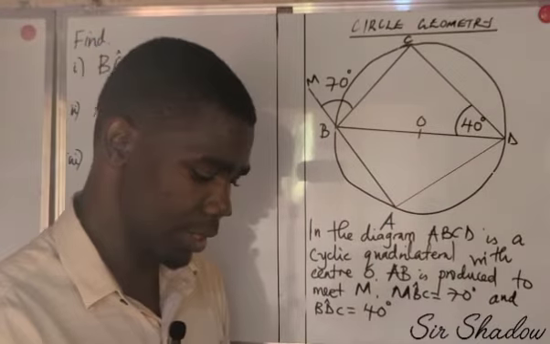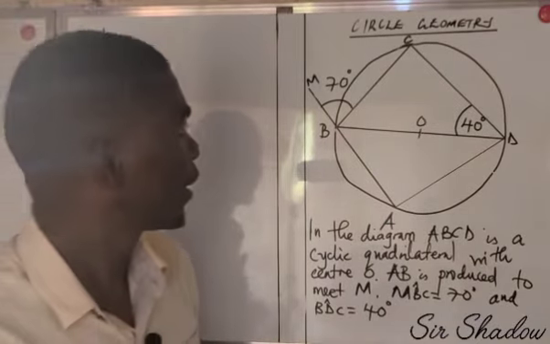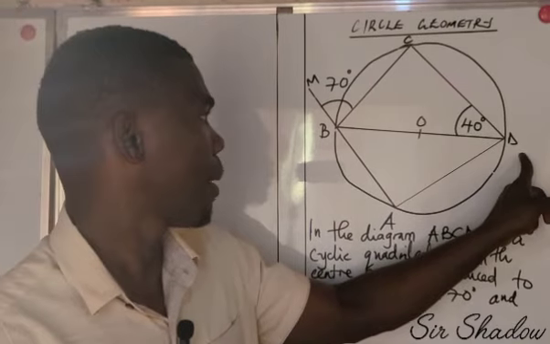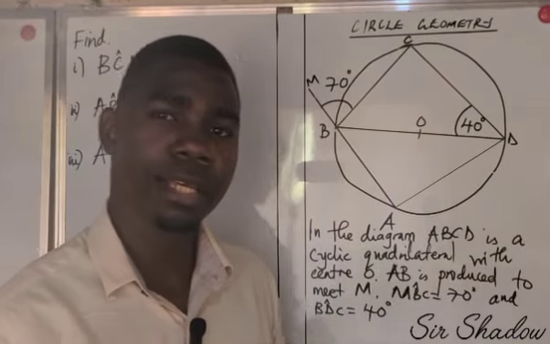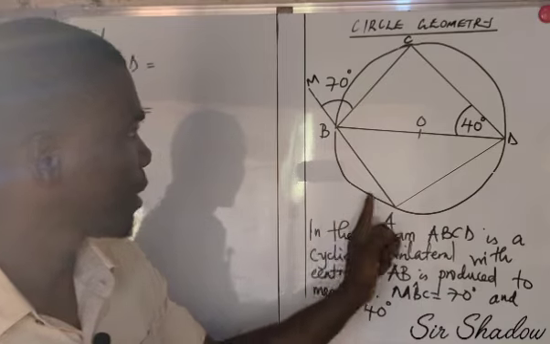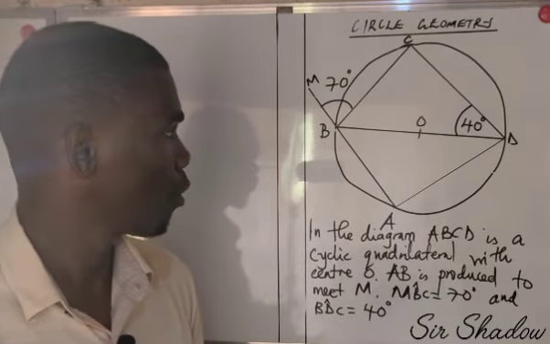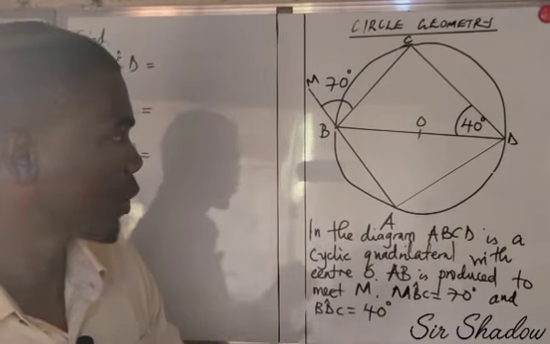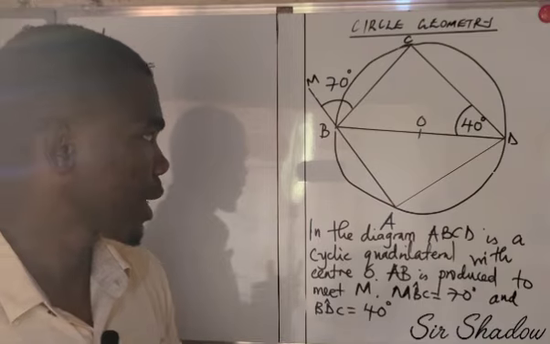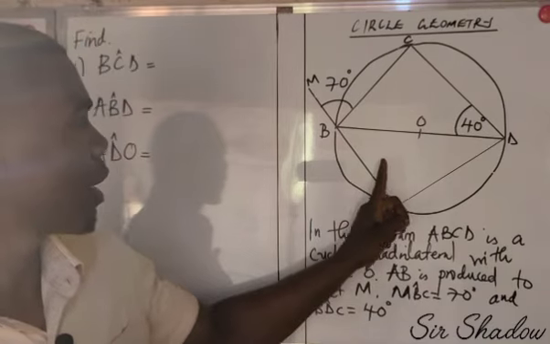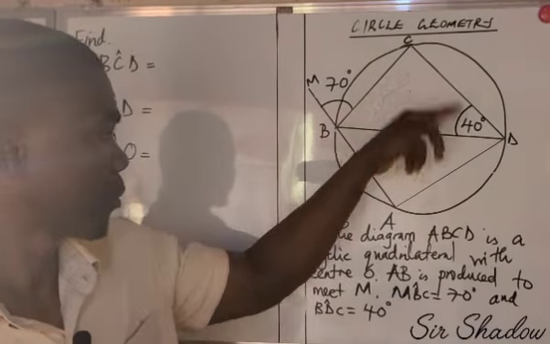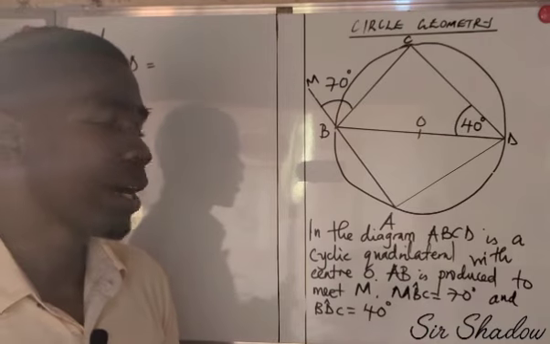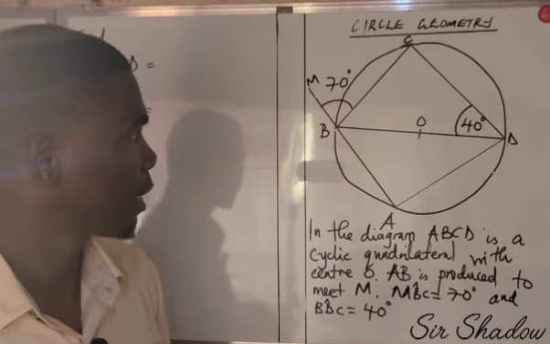How can I find this angle? Remember, I have BD, which is known as the diameter with the center O. From this diameter, there is a theorem which says that the angle in a semicircle is a right angle.